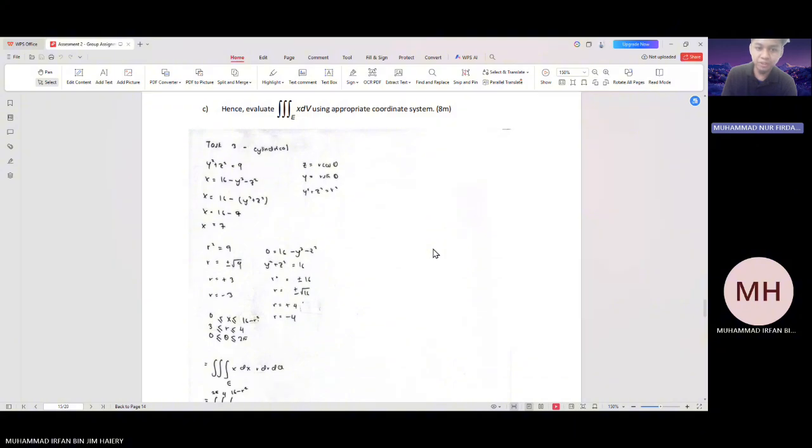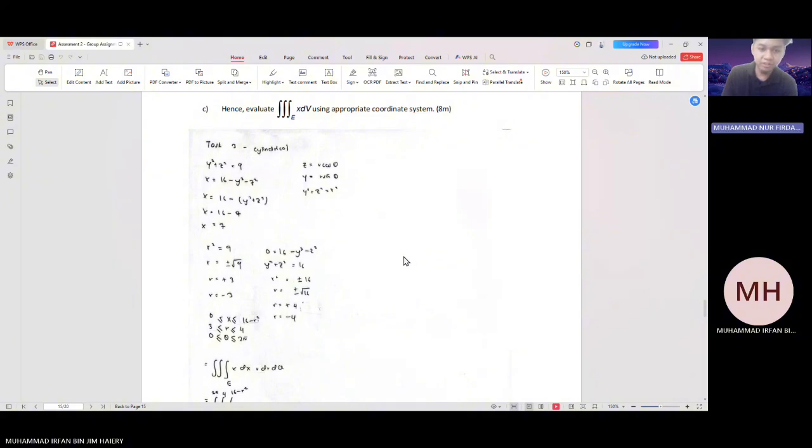From the boundary equations, we determine the limits. Theta goes from 0 to 2 pi because the region is a complete circle. R goes from 3 to 4 based on the inner and outer cylindrical surface. And z goes from 0 to square root of 16 minus r squared according to the upper surface.